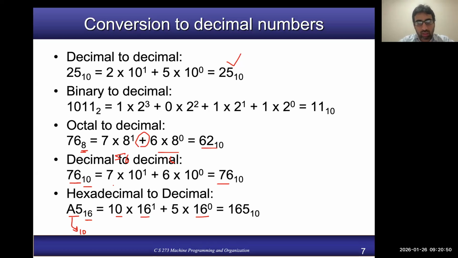So convert F503 to decimal form. So F503 is a hexadecimal number. So convert it into the decimal form.